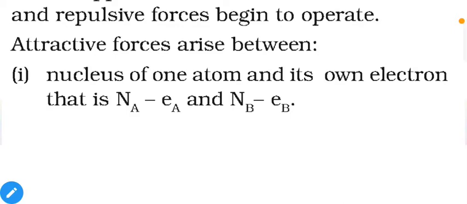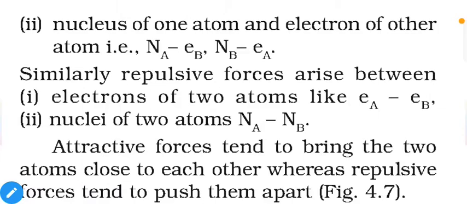So NA attracts EA, NB attracts EB. And the same type of attraction will be produced between the opposite electron and nucleus. That means the nucleus of the first hydrogen will attract the electron of the second hydrogen, and similarly the nucleus of the second hydrogen will attract the electron of the first hydrogen. So NA attracts EB and NB attracts EA. So these are attractive forces.